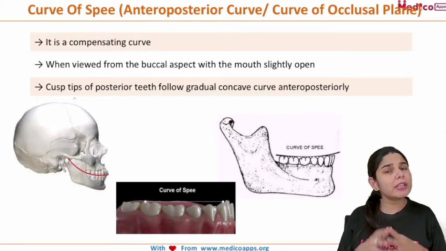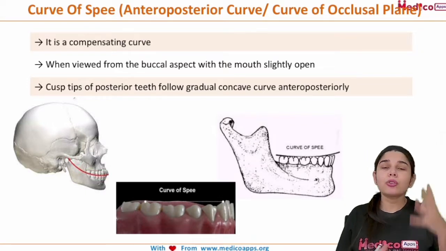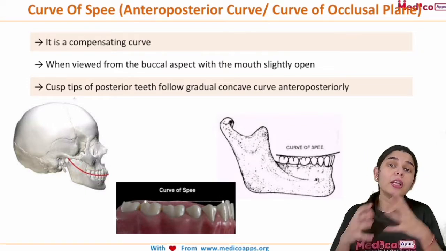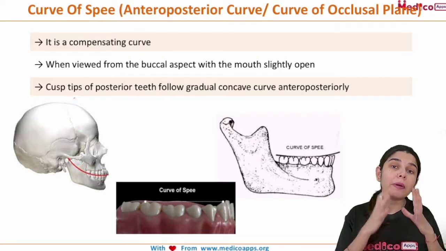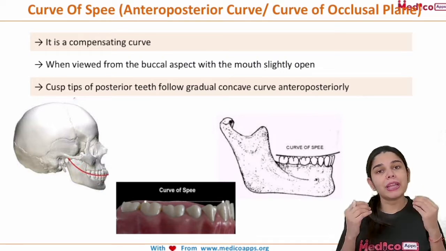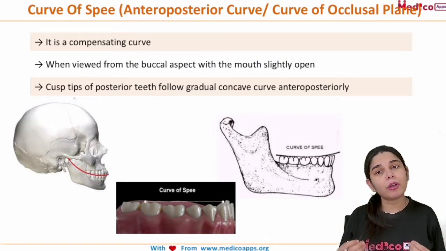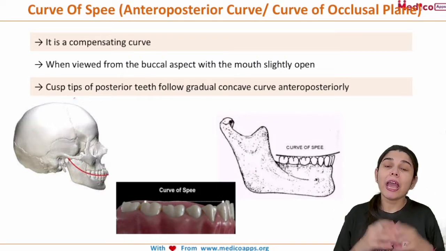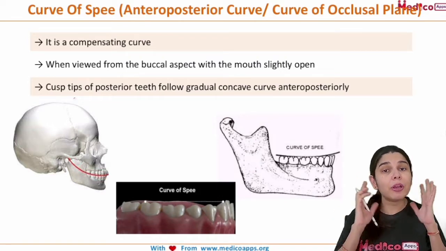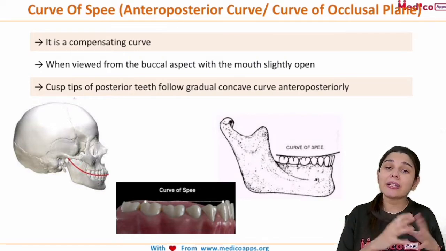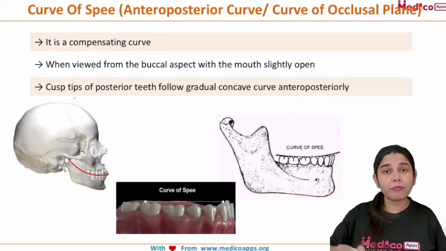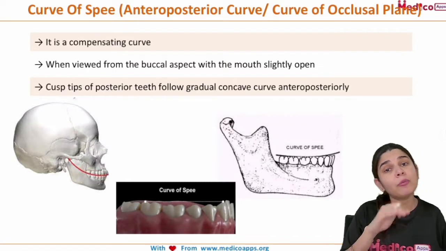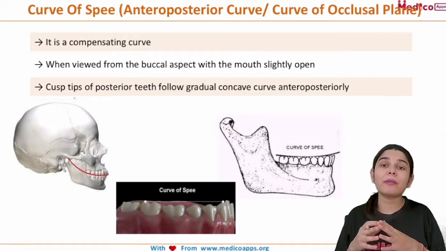Now, what is this compensatory curve? A curve is made just to create or permit balanced occlusion. That means it is very important to get a balanced occlusion in the oral cavity, especially from the mandibular condyles, as the mandible moves from centric to eccentric position.